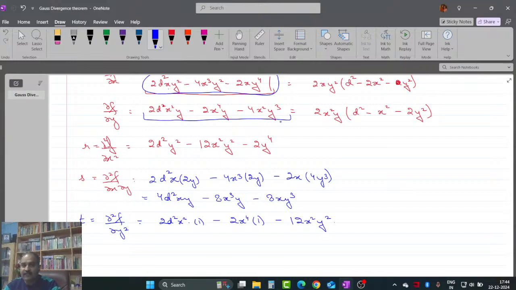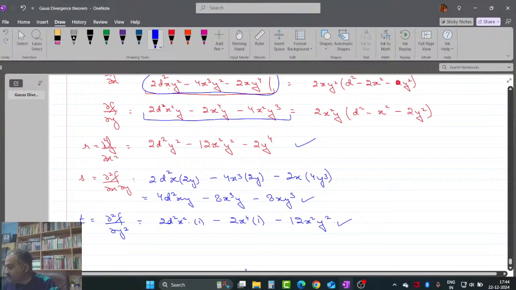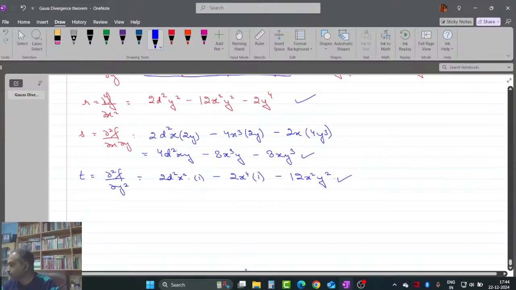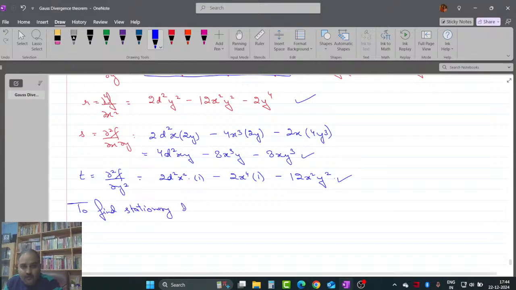So I have the value of r, this is the value of s, and this is the value of t. Now I need to find the stationary points, or I can say saddle points.